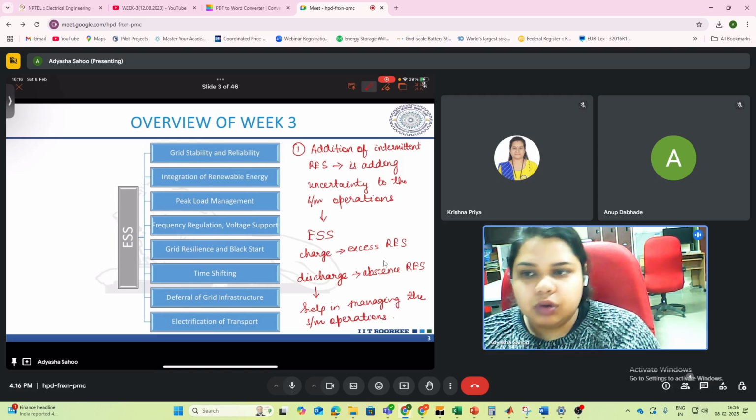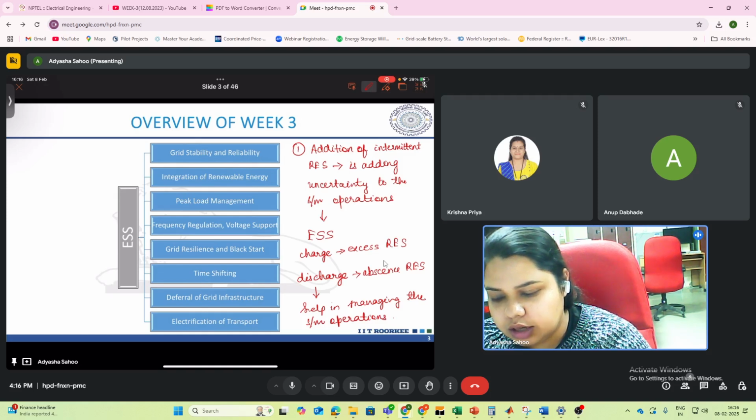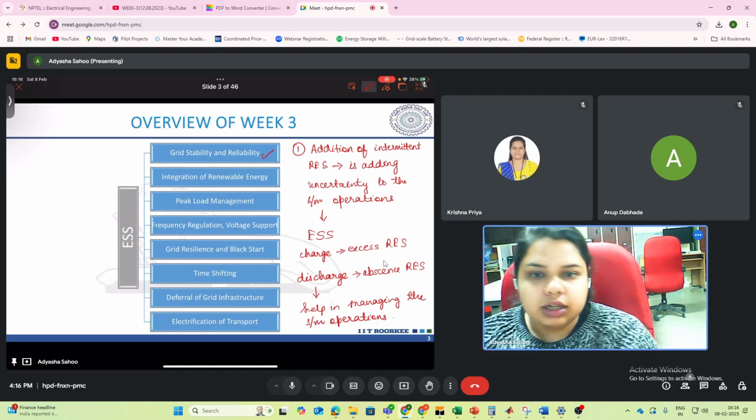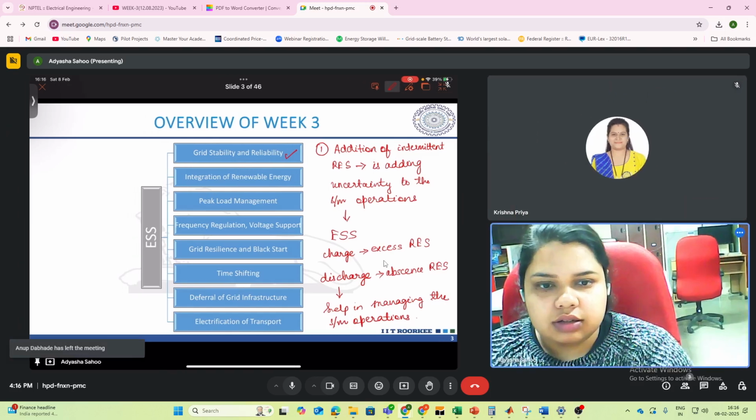So the points that we discuss here, first is the grid stability and reliability. By mitigating issues of over voltage, under voltage, frequency related issues, and also by helping in providing reactive power with the help of inverters, they can also provide black start services.